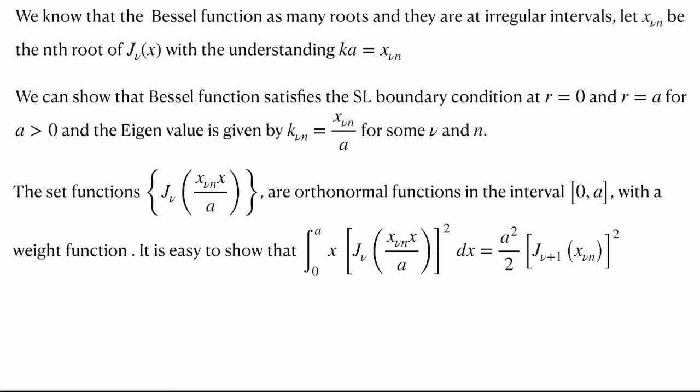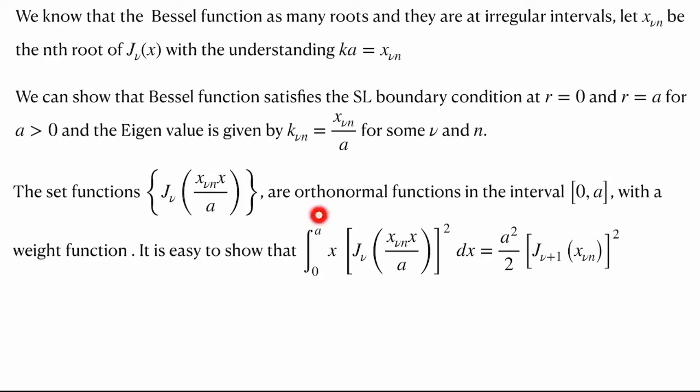We have got to normalize it in the interval 0 to a. That can be easily done using the identity or the recurrence relations of the Bessel function. It is simple to remember actually. Integral from 0 to a of x, the weight factor comes in here. You can also see that it is a Jacobian for the cylindrical coordinate, because integration has to always come with the Jacobian, and we can physically see the weight function plays the role of Jacobian in the integral.